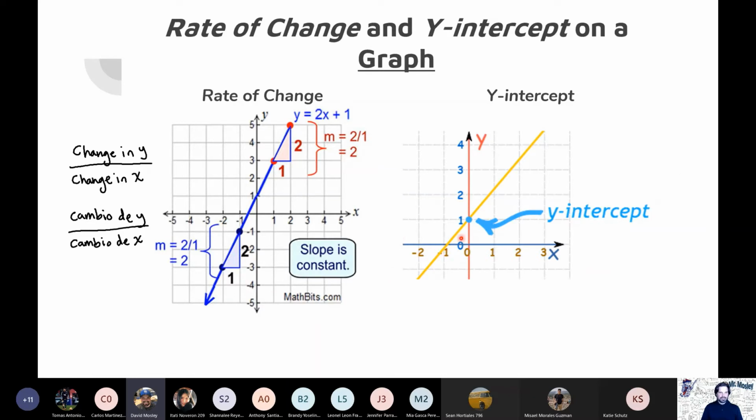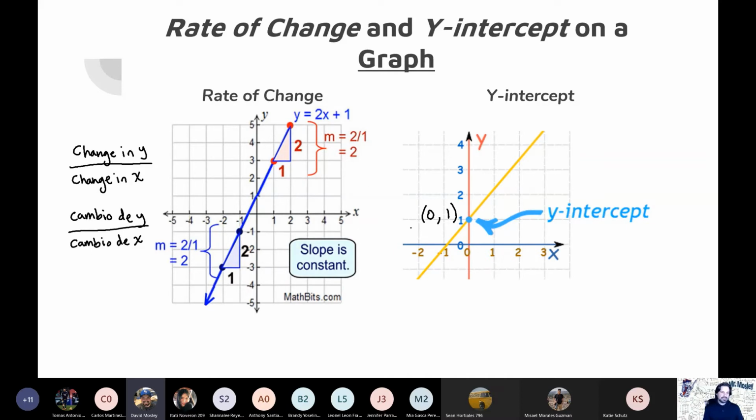Right, so we have our line here, the y-axis. This is our point, so this is the y-intercept. And this says the coordinates of 0, 1. Right?